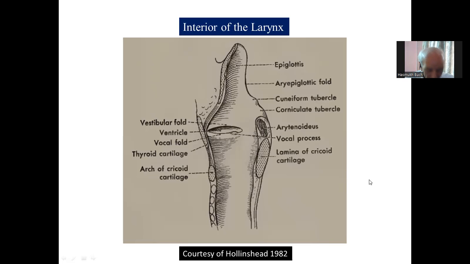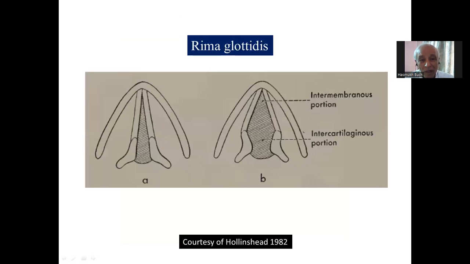And the next one, the same book. Rima glottidis, a very important region between the vocal fold and arytenoid cartilage. Then from above, this is the thyroid cartilage, right and left laminae. The front part of the rima glottidis is called the intermembranous part.